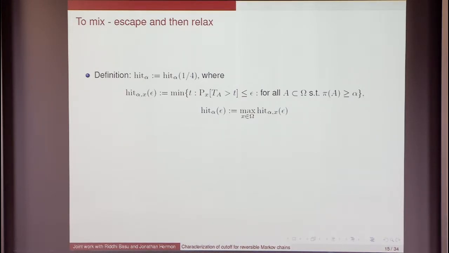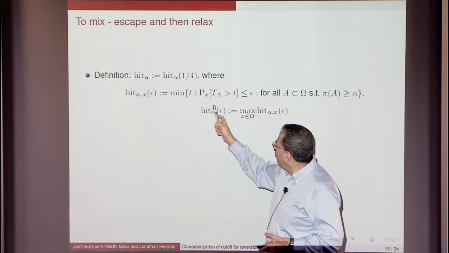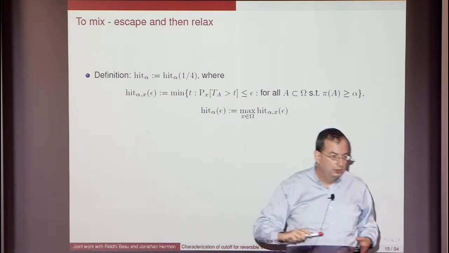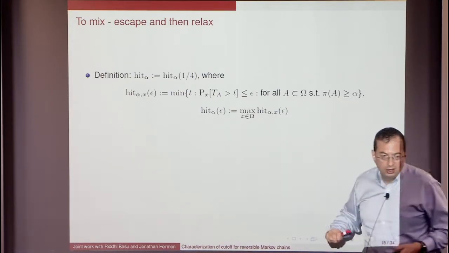So this T hit of epsilon is the first time so that the probability you haven't hit A is less than epsilon. So instead of measuring distance in total variation, we're measuring the probability we haven't hit this large set. And we're maximizing over the starting point and over the target set, as long as it's a big target.